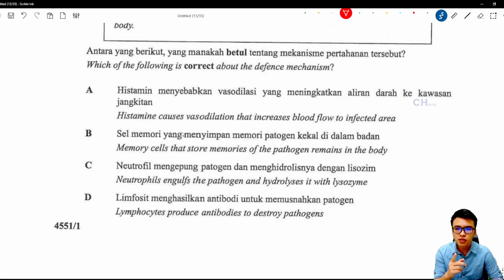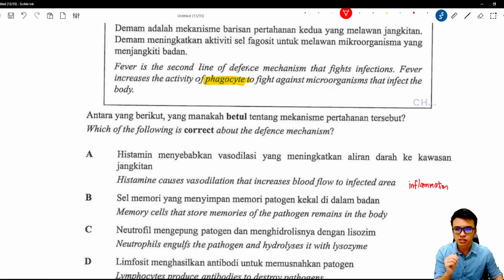Option A. Histamine causes vasodilation that increases the blood flow to infected area. Now guys, this is correct. This is the second defense, but this is talking about the inflammation. You look back to our statements here, it's actually talking about the phagocyte, to fight against the microorganism.